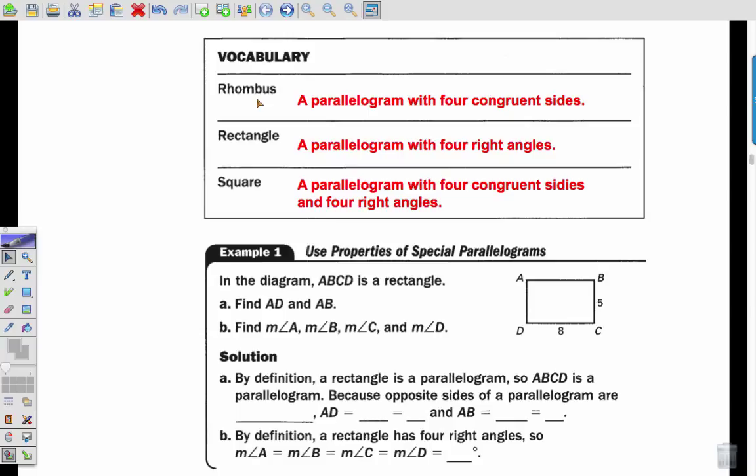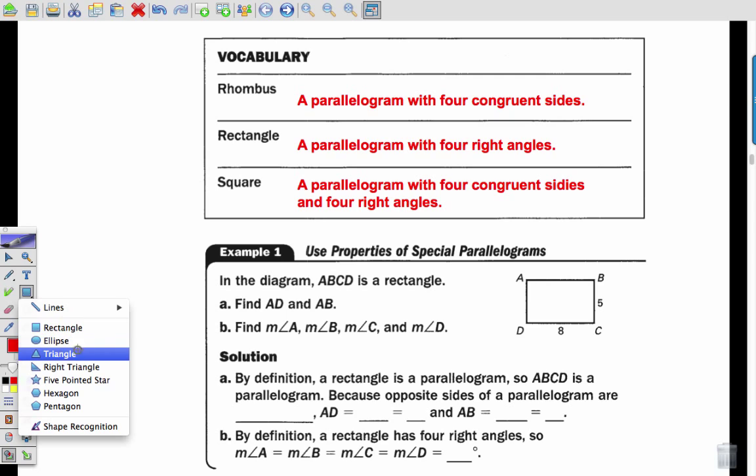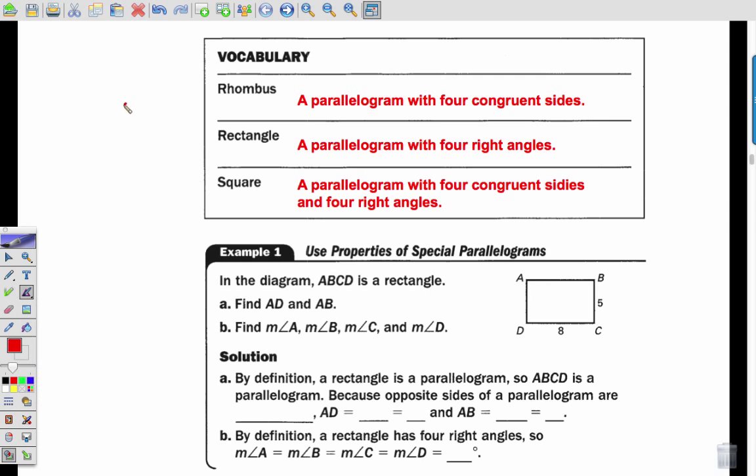So that's when you have a diamond-shaped parallelogram. If I have a diamond, then my four sides are all congruent, right? Each of these four sides are exactly the same, and that's a rhombus.